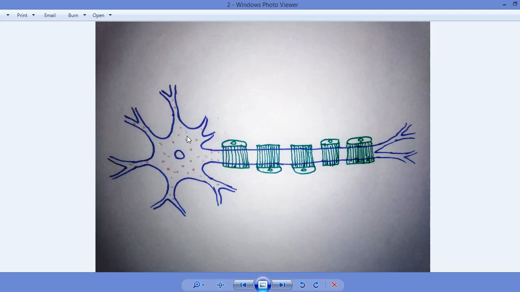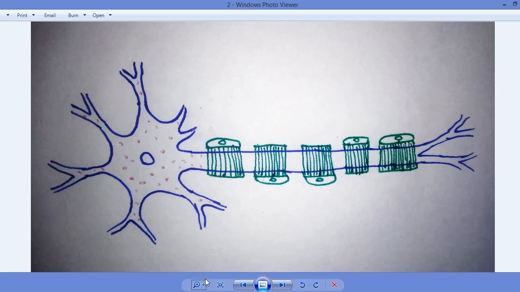Okay, the third difference between the dendrites and axon is that the axon does not have any small bodies. You can't see them over here, but you can see over here the small bodies. These are the small bodies inside the dendrites. These bodies are called Nissl bodies. The Nissl bodies are present inside the cell body and the dendrites.